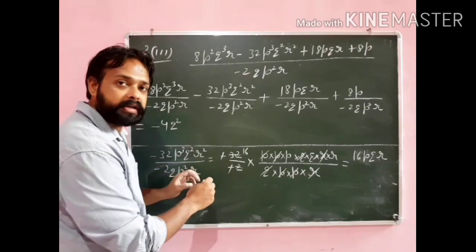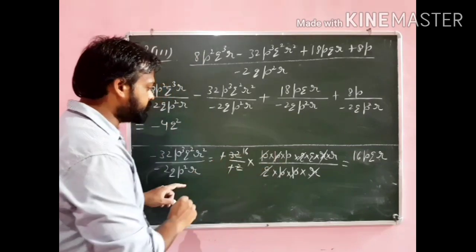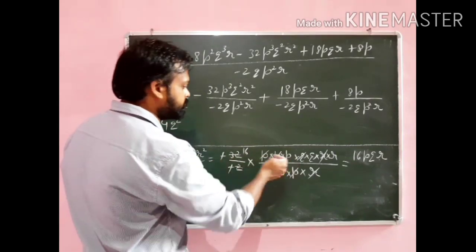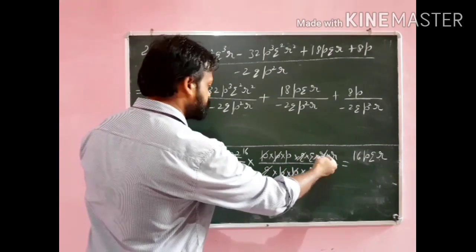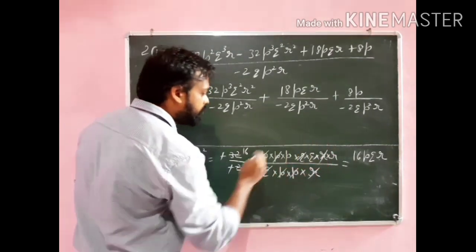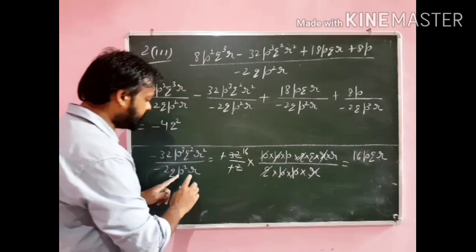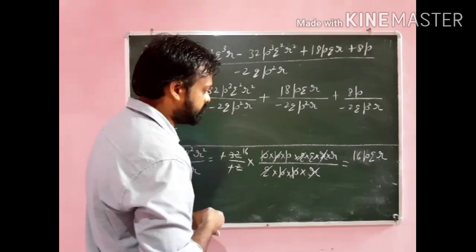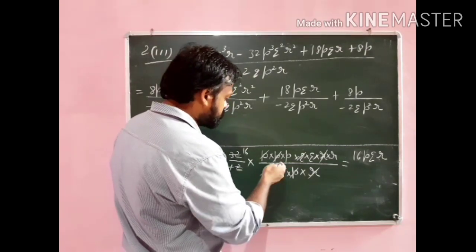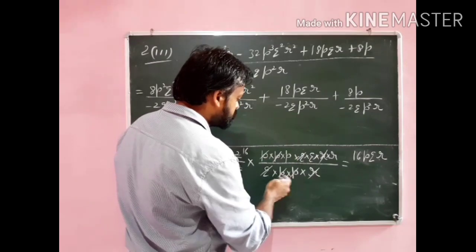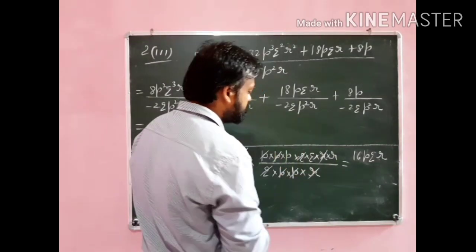This minus and minus cancel out, then 32 by 2 gives 16. Also p cube means p written 3 times, multiplied by q square, q 2 times, and r square means r into r. In the denominator, q into p square means p multiplied by p, multiplied by r. Now cancel out the common terms here also. This q is cancelled with this q, these two p are cancelled with these two p, and this r with this r.